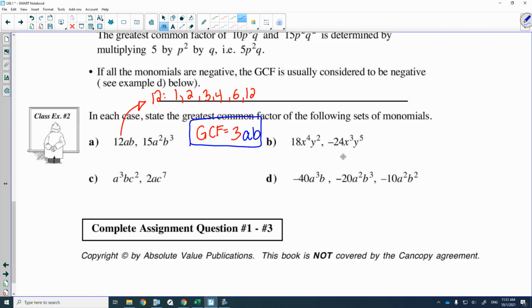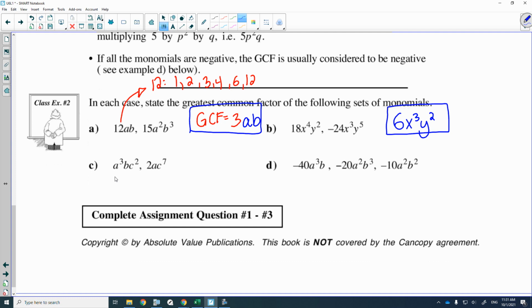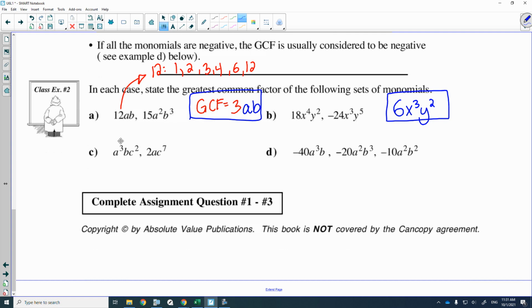Akil, what do you think? That's right. 6 x to the 3 y squared. That would be the GCF. The biggest number I could pull out of 18 and 24 is going to be a 6.